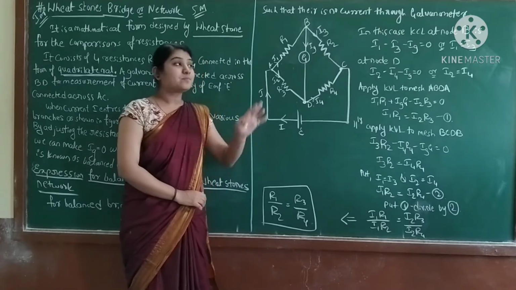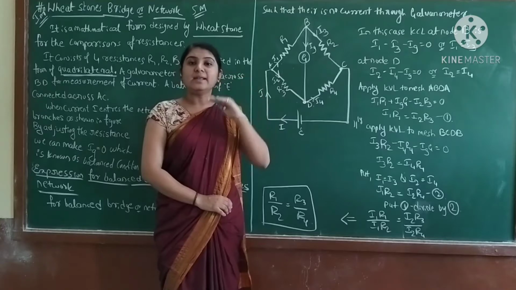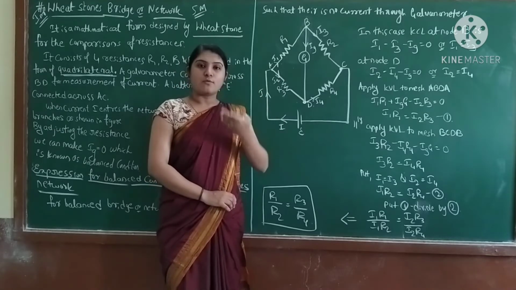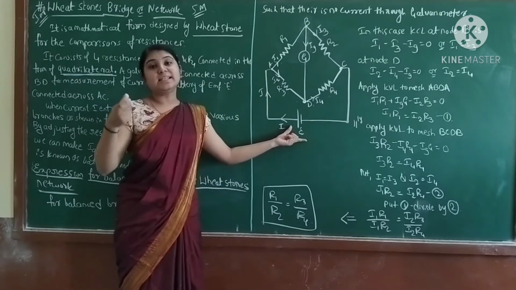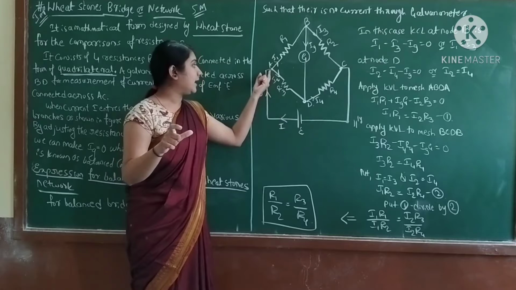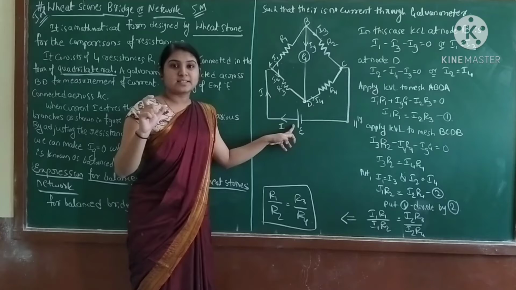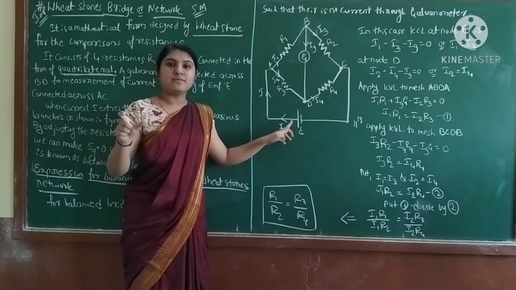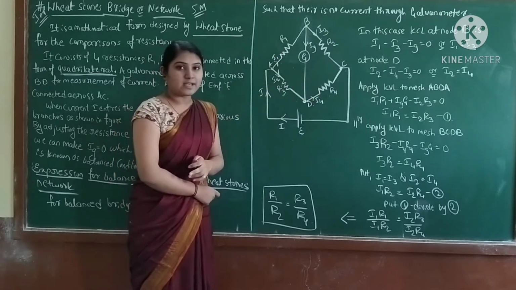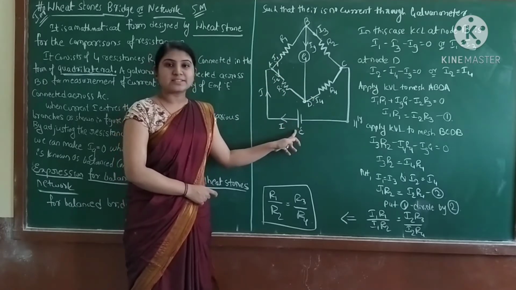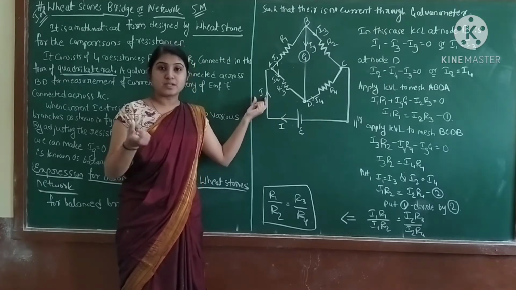Later we connect the galvanometer between points B and D. After this, the EMF, or the cell, is connected between points A and C. In between A and C, one cell is connected which has EMF E. Now the current will flow through this network, because the cell is present. The total current will be I.